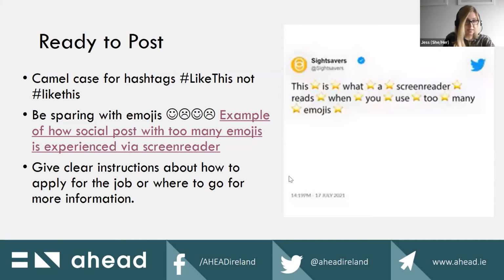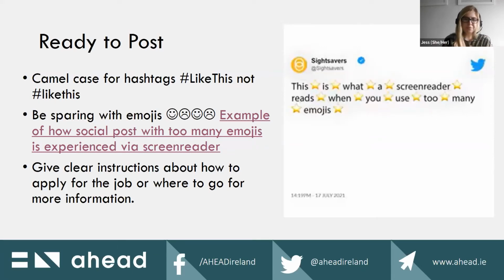So then when you're ready to post on your social media, it's important to make sure that your hashtags are in camel case. What I mean by that is, if you think of the humps of a camel, those are your capital letters. So you want each new word to have a capital letter, as I've indicated there, like this, with both new words having a capital letter and not all in sentence case. If it's in sentence case, it'll read out quite confusingly to a screen reader.